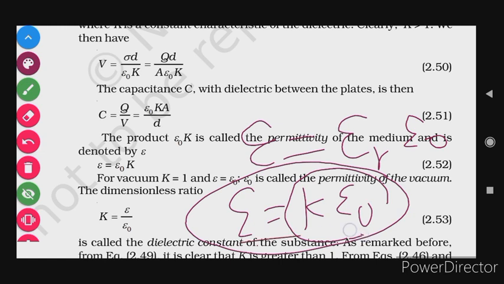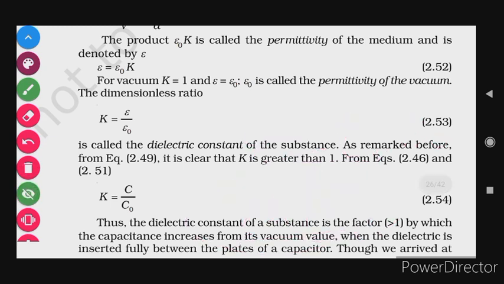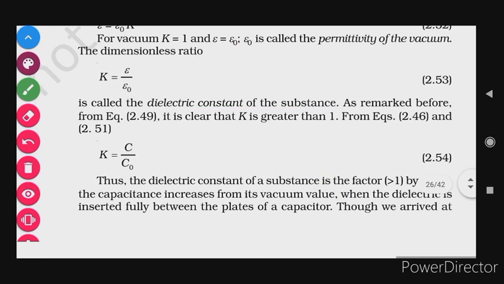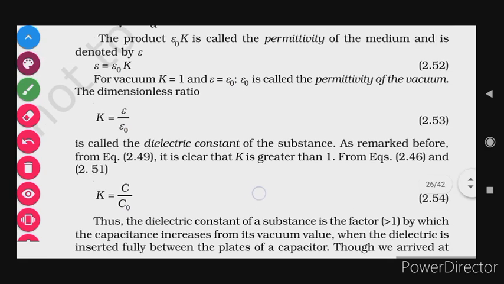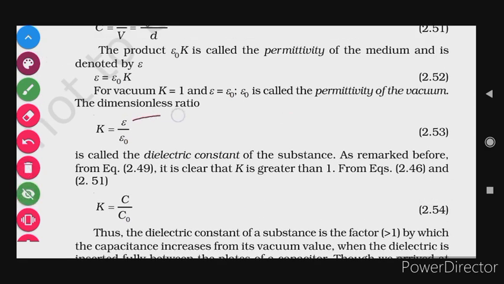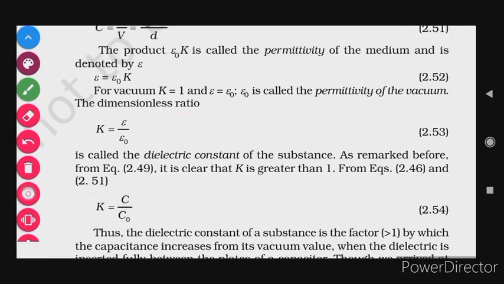The dimensionless ratio k equal to epsilon upon epsilon naught is called the dielectric constant of the medium, a very important term. Now it is clearly greater than 1. Obviously, the permittivity of a medium is always greater than the permittivity of free space, okay. What is this epsilon? The permittivity tells how much the electric field is reduced by the medium, how much the medium influences the electric field, okay.